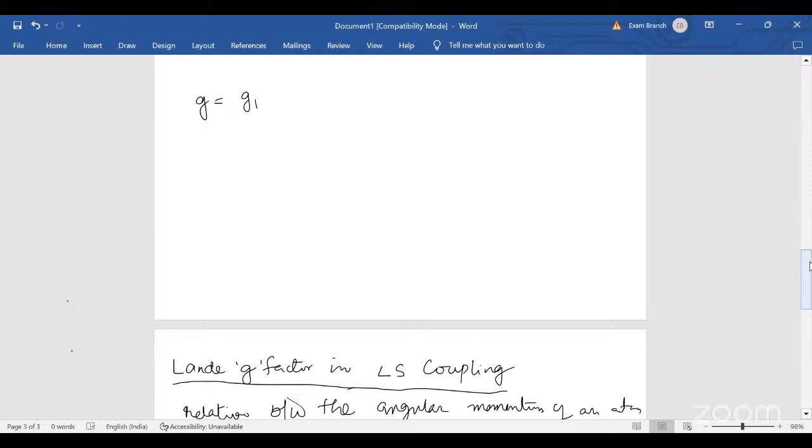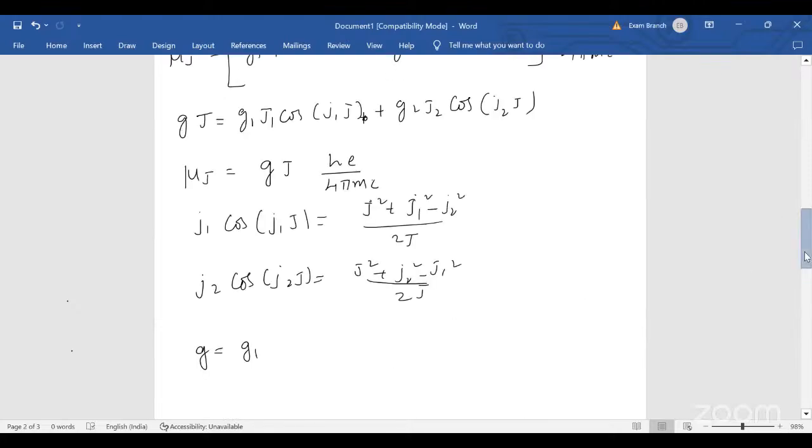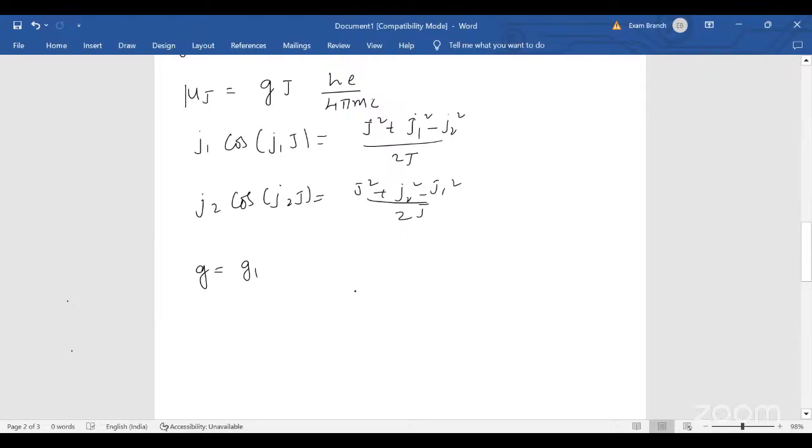For the first electron we have J1 into J into J plus 1 plus J1 into J1 plus 1 minus, similarly for the second electron, J2 into J2 plus 1, plus G2 divided by 2J into J plus 1.